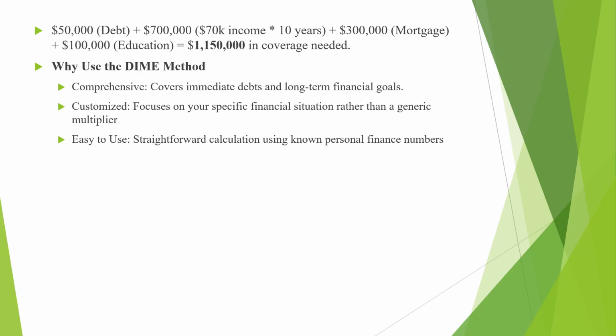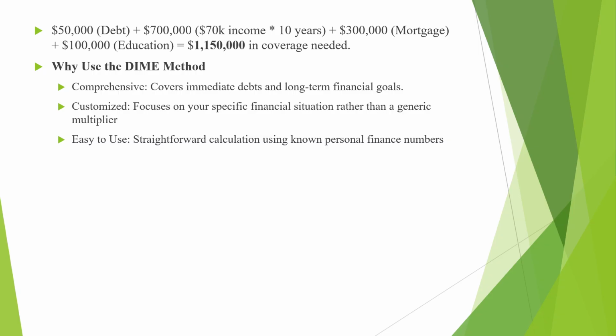This DIME method is very useful while selecting your type of insurance or the amount of coverage. Do not buy randomly. If your need is half a million, you don't need to buy 2 million or 1.5 million of coverage.